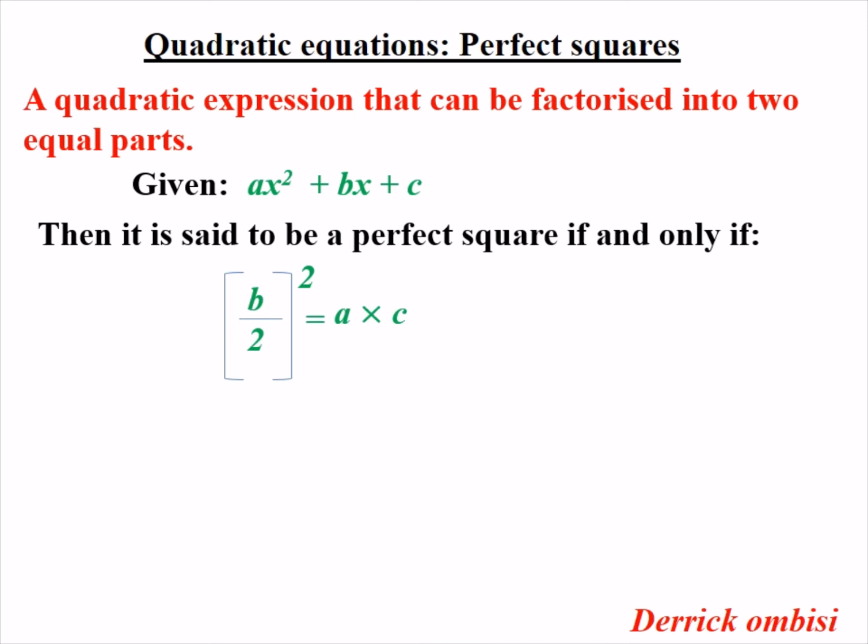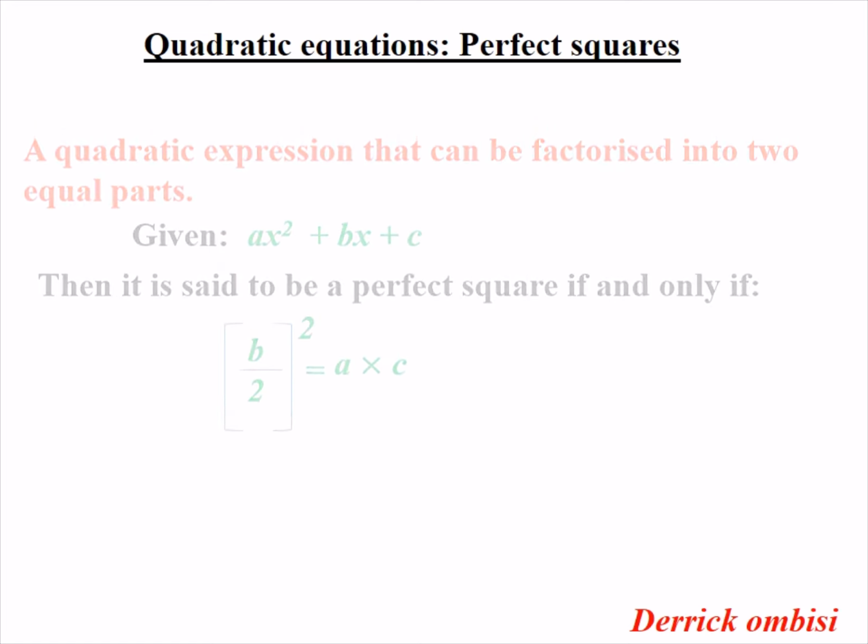The coefficient of x squared is a, and the constant is c. If that condition is met, then it is a perfect square.